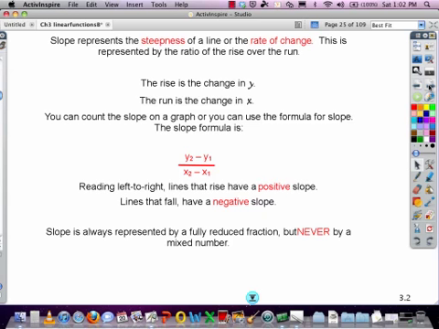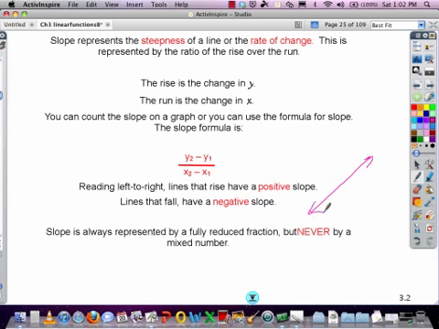Slope represents the steepness or the rate of change we've been talking about in our Chapter 2 stuff. The rise is the change in y. The run is the change in x. We've heard that. The slope formula, y2 minus y1 over x2 minus x1. We've also said just the change in y over the change in x. You should know that reading left to right, a positive line slopes up.